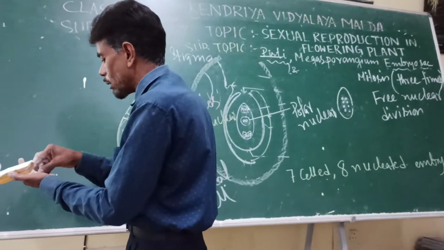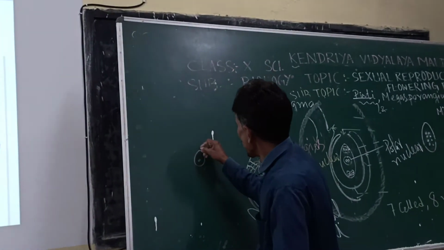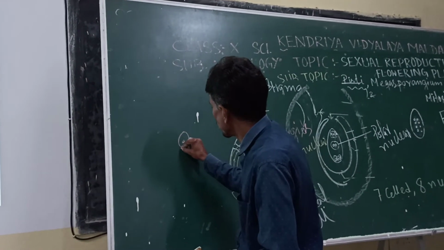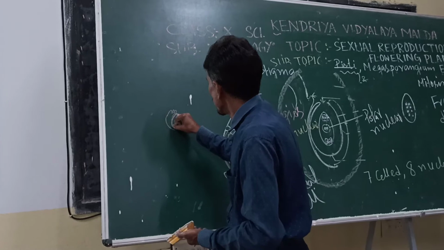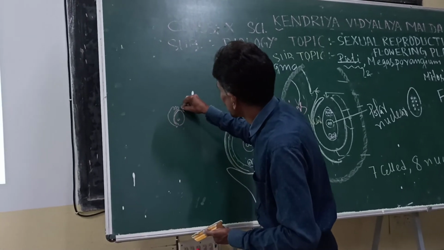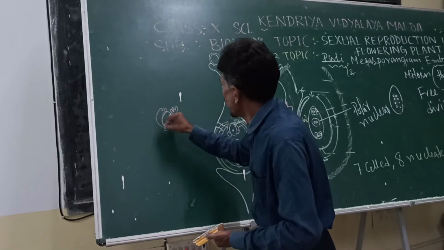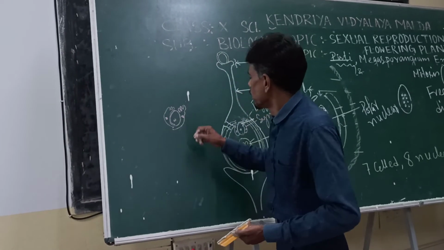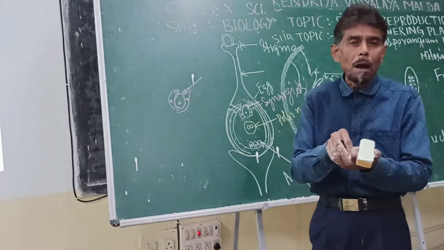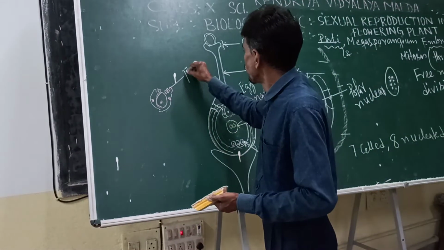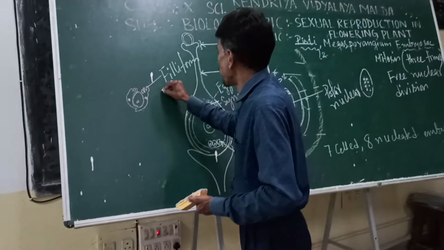If I draw it separately here, this is the egg and the synergids having a special thickening. This is a synergid cell. This structure is called the filiform apparatus.